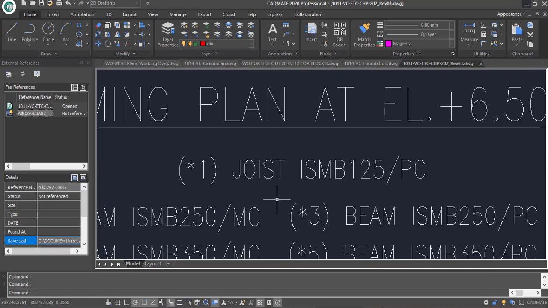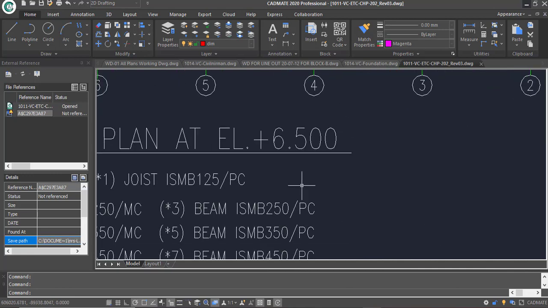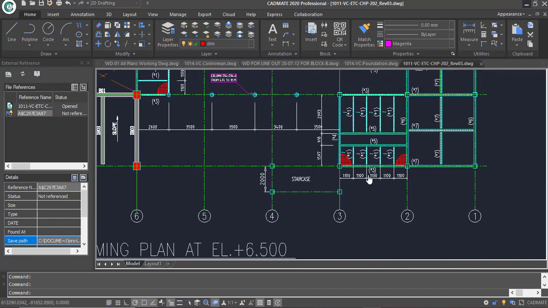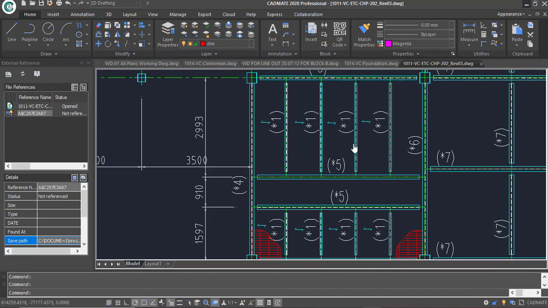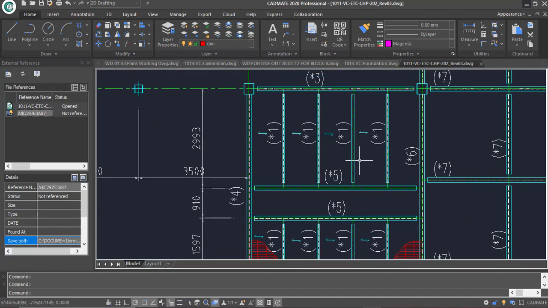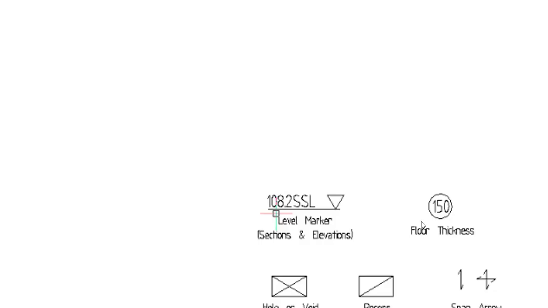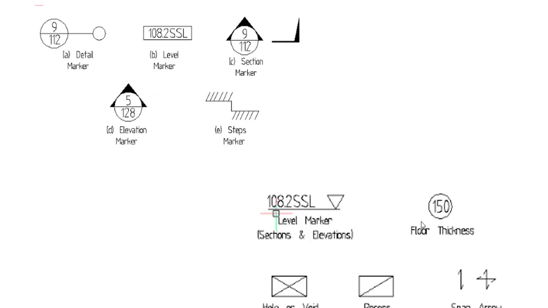PC stands for pin connection and MC stands for moment connection. So that's how they have indicated it in this particular steel structural drawing, right. So I hope this is sufficient to understand all these parameters, right?